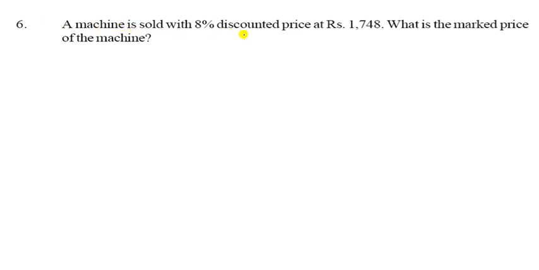Sixth question, a machine is sold with an 8% discount price at the rupees 1748. What is the mark price of the machine? Let mark price be rupees X. So this one is the discount.